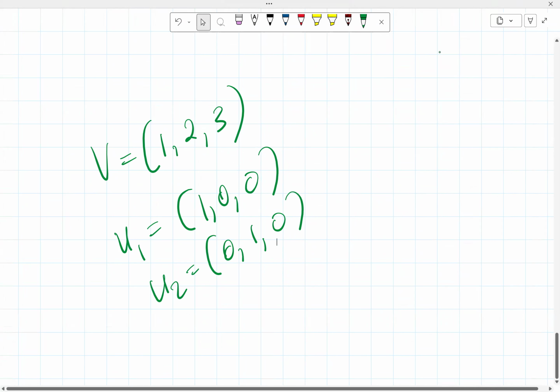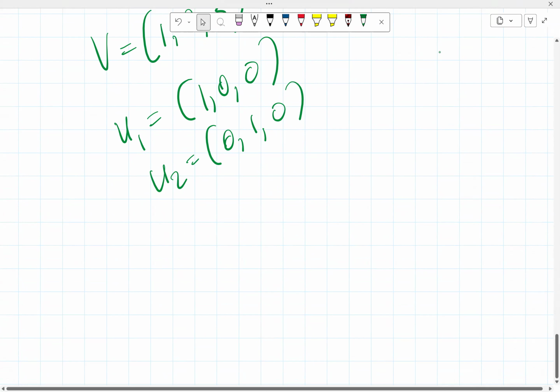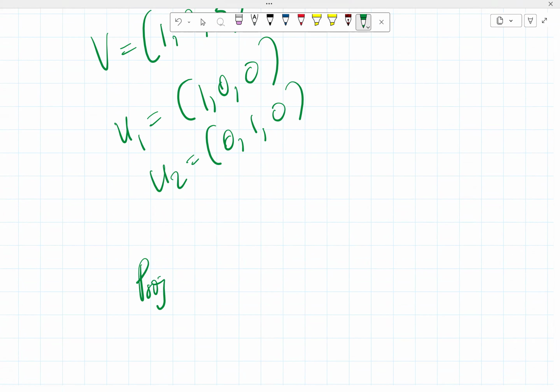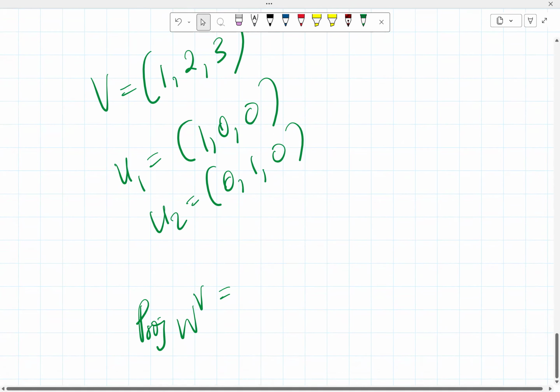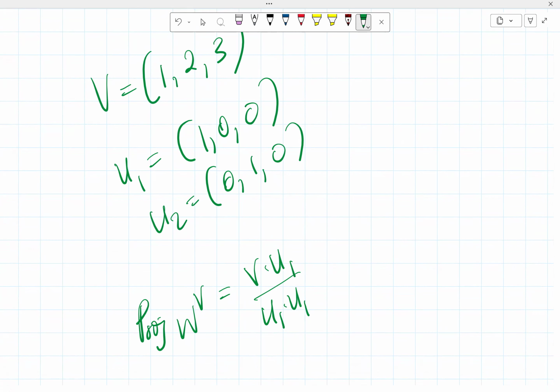What we are doing is the projection of v onto the subspace W. Of course, that will be the summation of these terms: v dot u1 all over u1 dot u1 multiplied by u1, plus v dot u2 all over u2 dot u2 multiplied by u2.